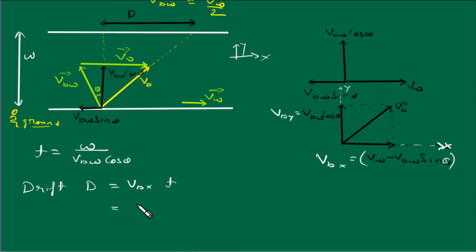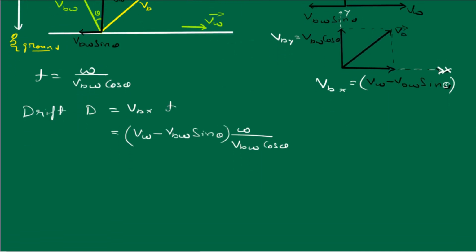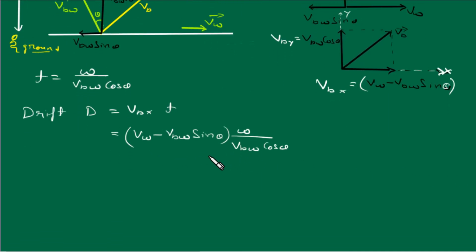Velocity of boat in x direction we can write as VW minus VBW sin theta, into time, which is w divided by VBW cos theta. Now let me solve it fast, because this is the main stage which we have reached. Now there is only calculation.